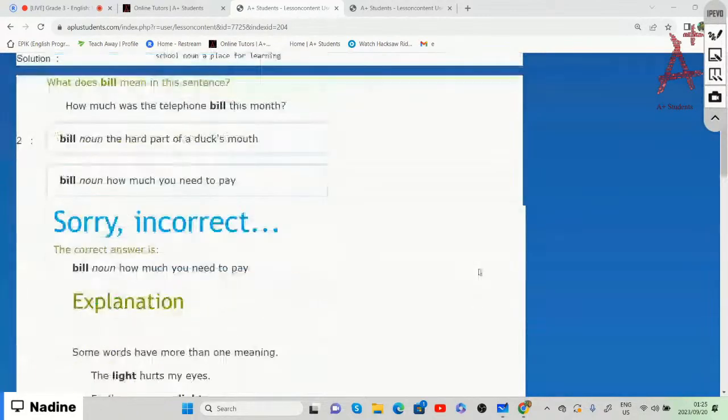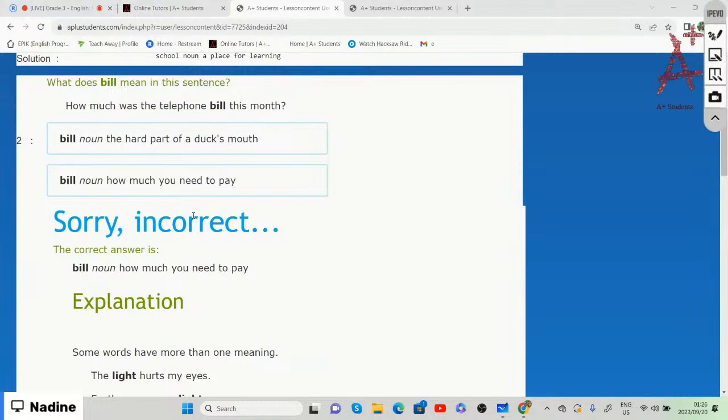Then what does bill mean in the sentence? How much was the telephone bill this month? Bill. Is it the first one, which is bill, the noun, the hard part of a duck's mouth, or how much money you need to pay?